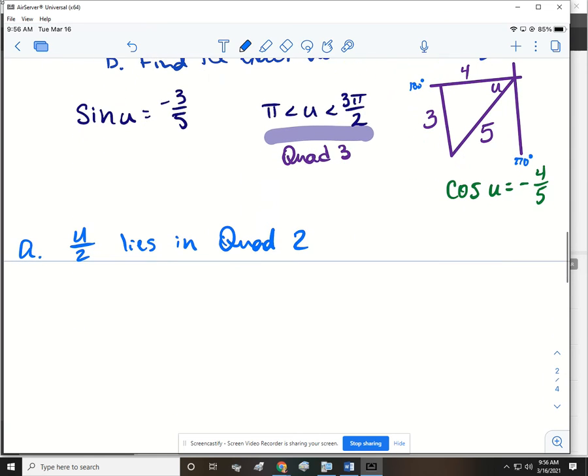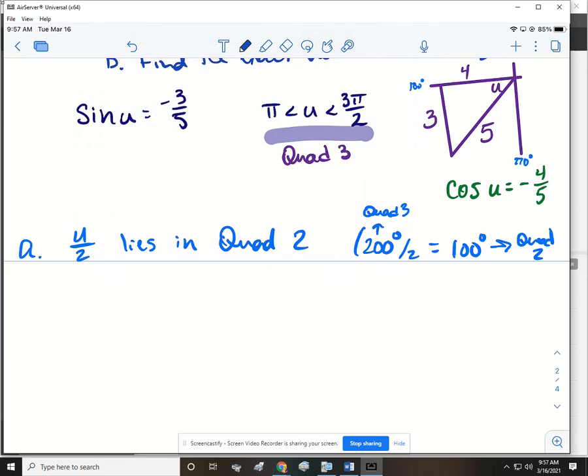All right, and if you want to write yourself a note, we just chose 200 degrees. When we took half of it, we got 100 degrees. That's in quadrant 2. And you only have to do one angle. I mean, you could check it with multiple if you wanted to, but it's going to work out. If you just pick one in that quadrant, take half of it, and it'll tell you the answer.